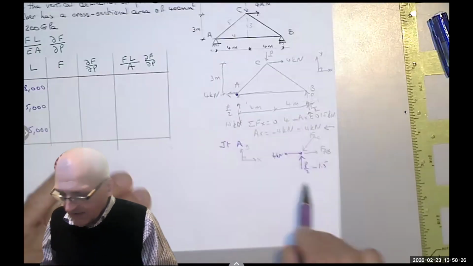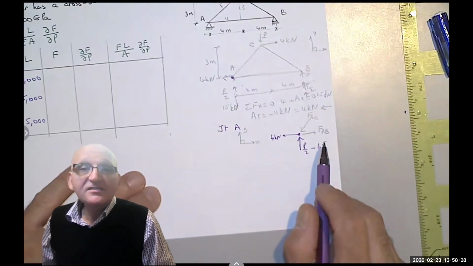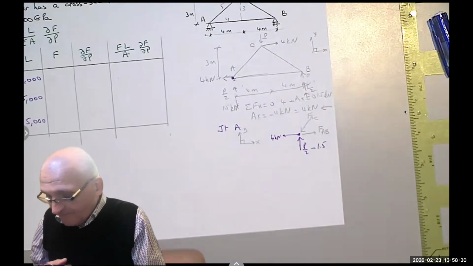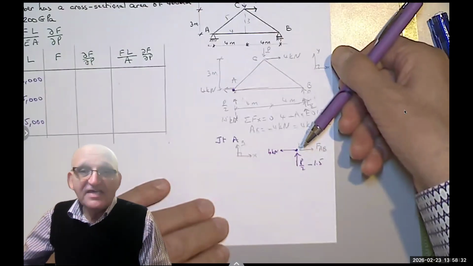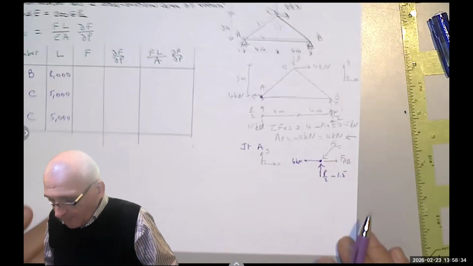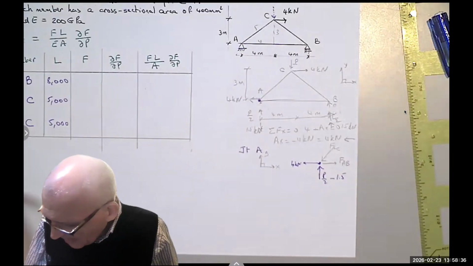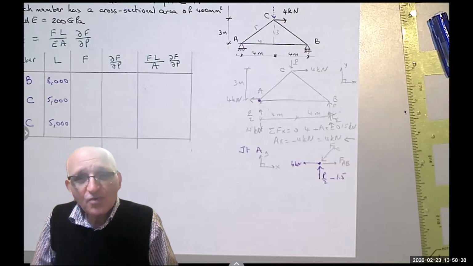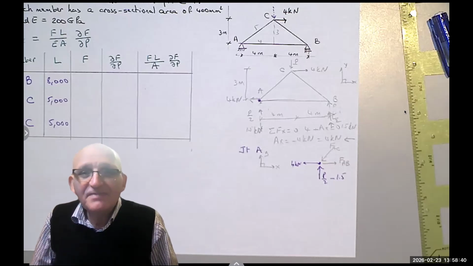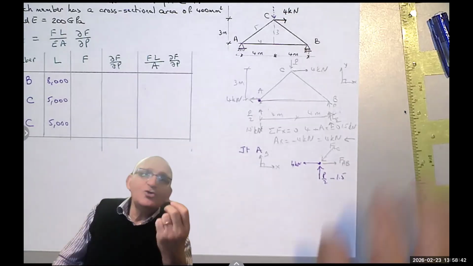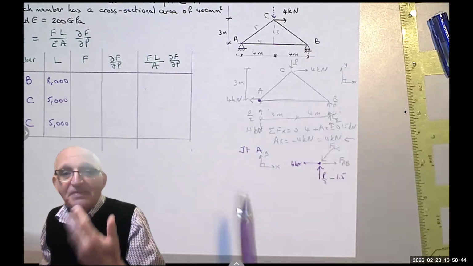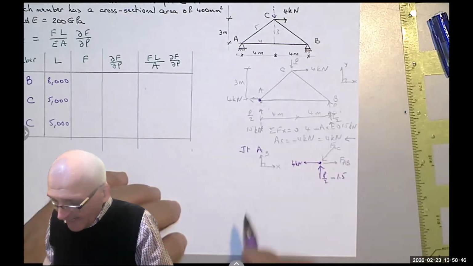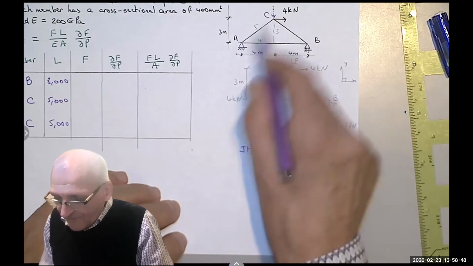Of course, I will start with the Y because only FAC has a Y component. When you become more experienced, you would say, I have a triangle 3, 4, 5.